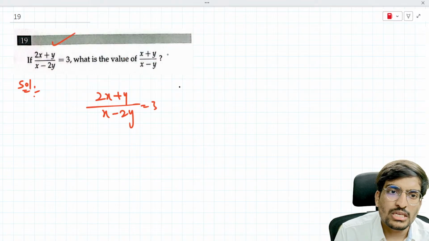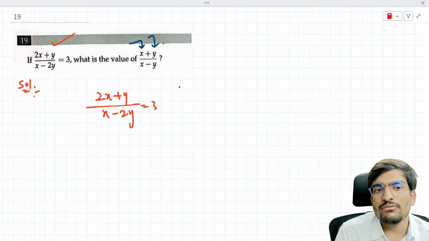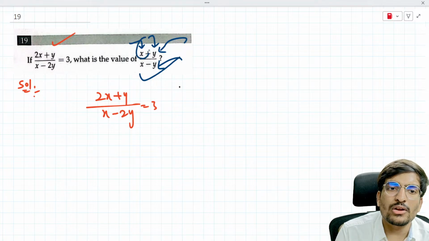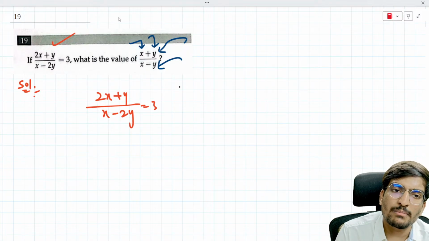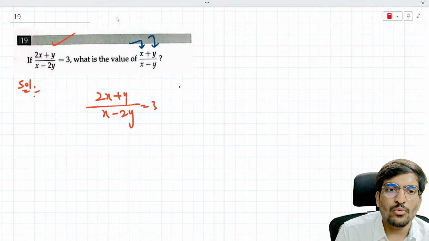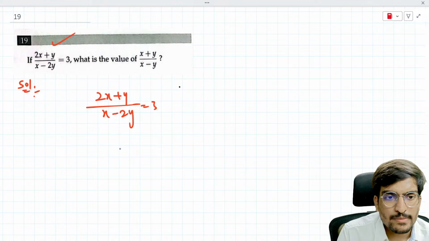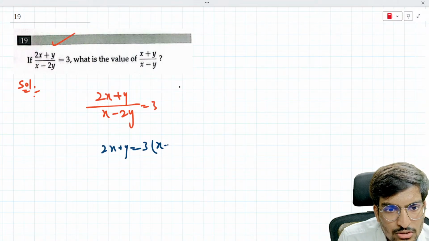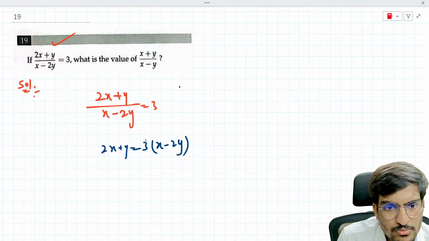The way is, if we can get the value of x or only y, we can substitute that value here and get the complete value. So what we are going to do now is 2x plus y equals 3 into x minus 2y. I'm just multiplying this.